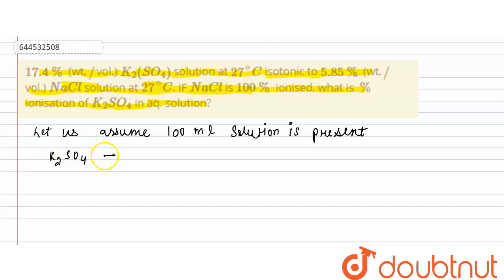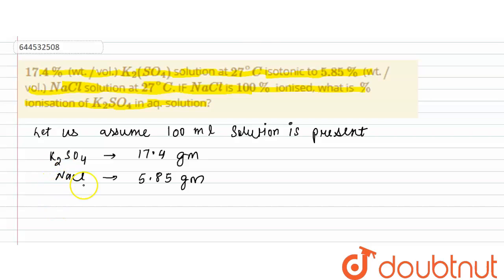In 100 ml solution, K2SO4 is 17.4 gram and NaCl is 5.85 grams, right? So this is the concentration in the 100 ml solution of K2SO4 and NaCl.